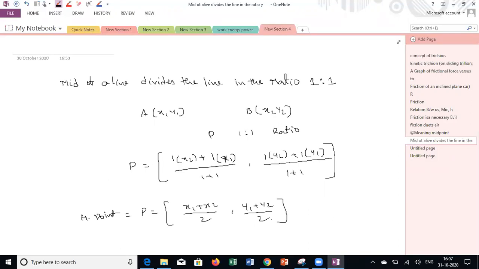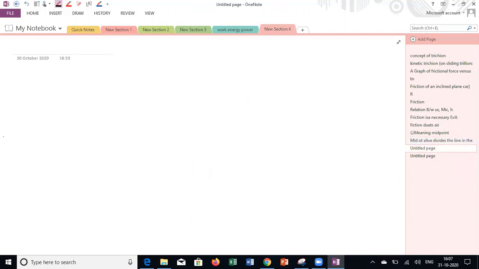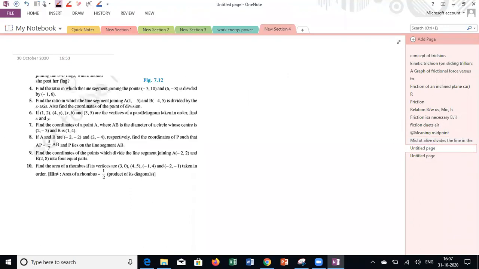Yes, sir. Now, come back to the question. How did you do the question? In the sixth question, they gave the vertices: A(1, 2), B(4, y), C(x, 6), D(3, 5) are the vertices of a parallelogram taken in order.